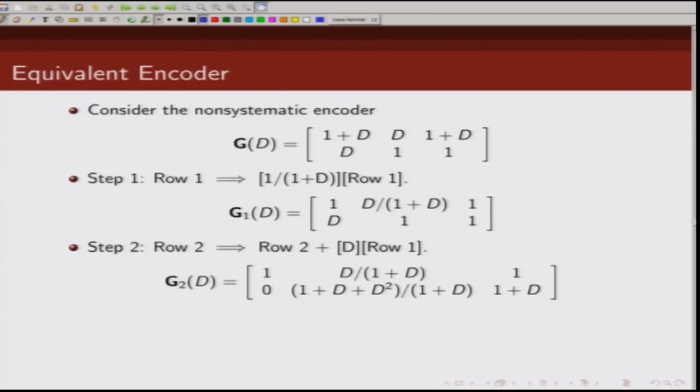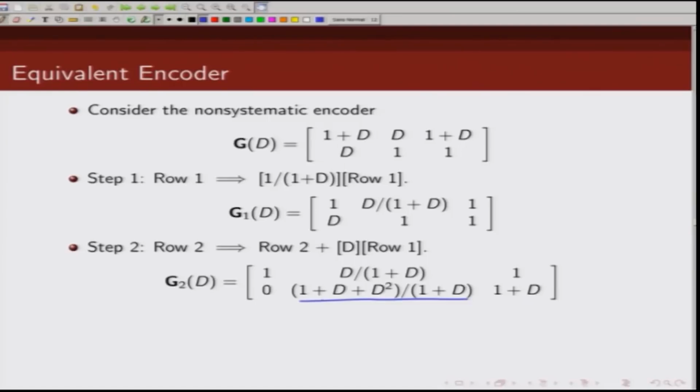So, row 2 here is D plus D times row 1, which is another D. So, D plus D is 0. Similarly, in row 2, this 1 plus D square by 1 plus D is basically given by this, and we have 1 plus D, which is this term. So, what we have done is, we have converted this into the form 1 0.